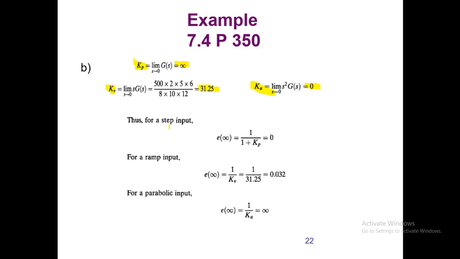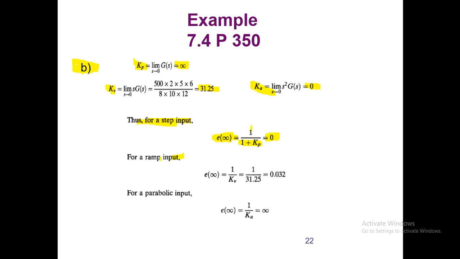So if you put the values for all of the inputs, for a step input, this formula will be 1 divided by 1 plus Kp, and you see that this Kp is equal to infinity, so 1 plus infinity becomes infinity, and anything divided by infinity basically becomes 0. So the steady state error for the step input for the second system, system B, turns out to be 0.